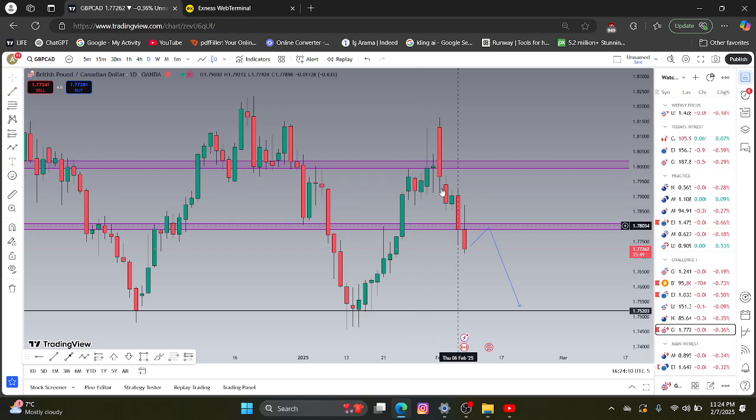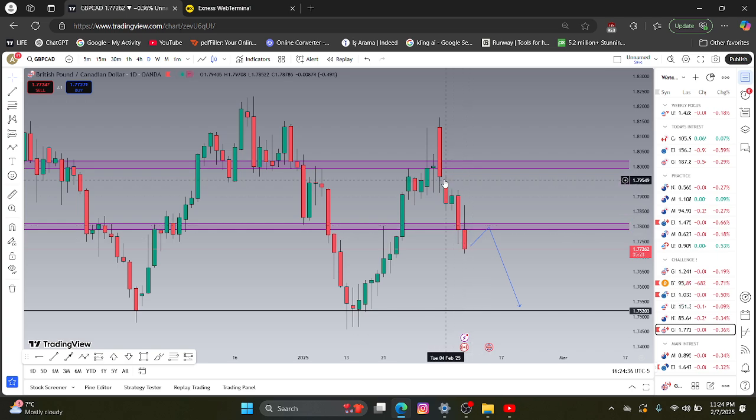You can see the market is in a downtrend. That's why it's very nice to analyze these pairs using the daily time frame or weekly time frame, because it's easier for you to know what's going on, and avoid making mistakes.